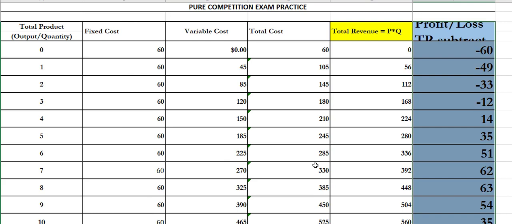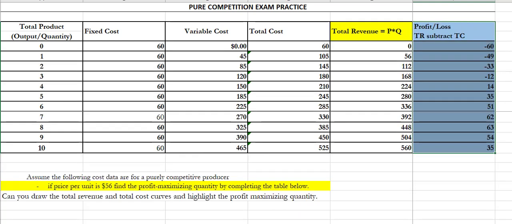If you could choose an output level, what would you choose? Look at it. If you could choose an output, a quantity to produce, which quantity would you choose? Would you choose to produce 10? Why no? You're only earning $35 worth of profit.